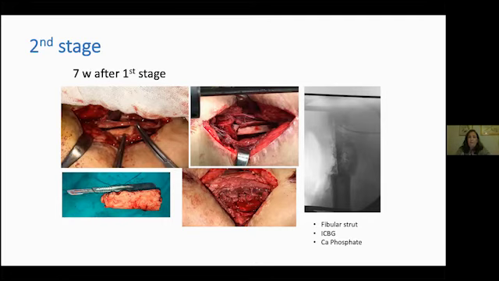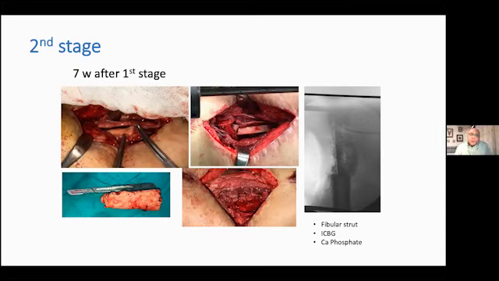We usually avoid getting too much graft. We don't want to throw graft away. But we have actually had some cases where we have so much graft in the end that we can really pack it tightly into the membrane.